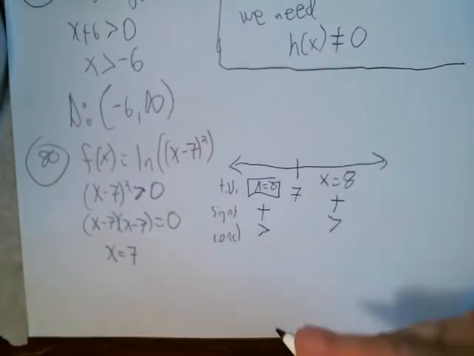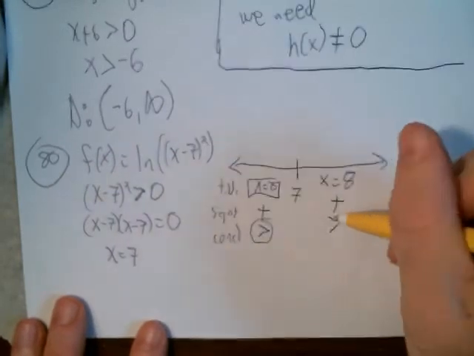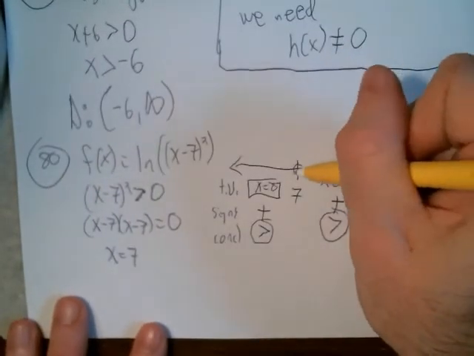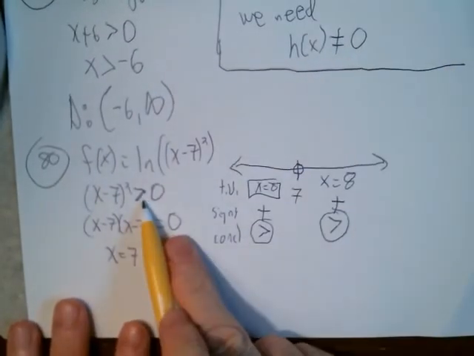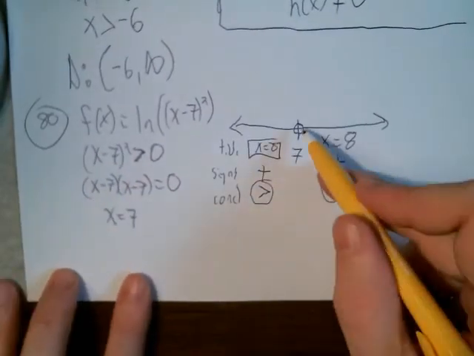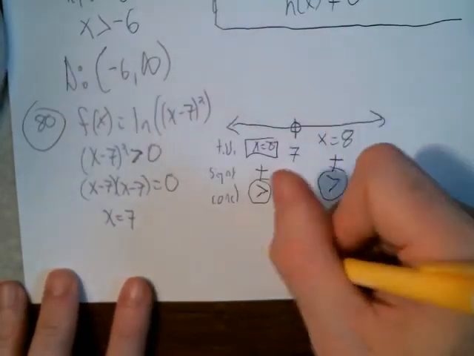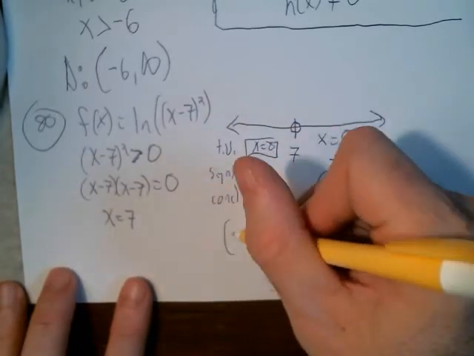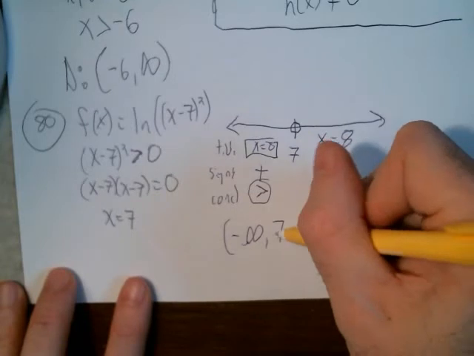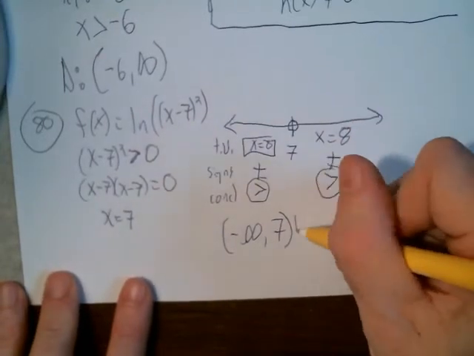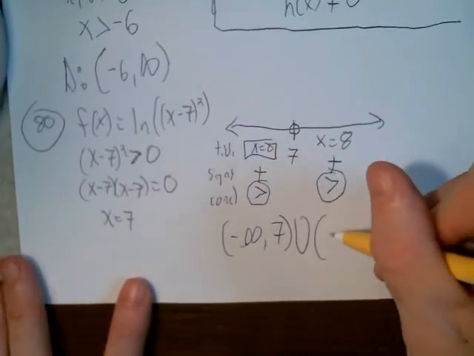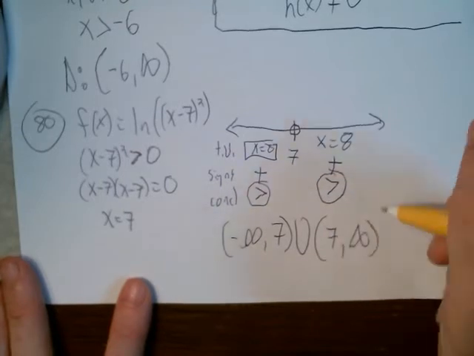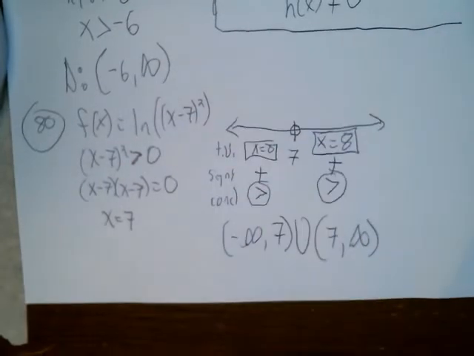In other words, we have two solution intervals. We do not include 7, so use an open dot there because of the inequality type. And the open dot implies that in our symbols we need to use parentheses. So our intervals that work are -infinity to 7, and then we have a hole at 7, and then we go from 7 to infinity. Okay, so that one's a little harder.